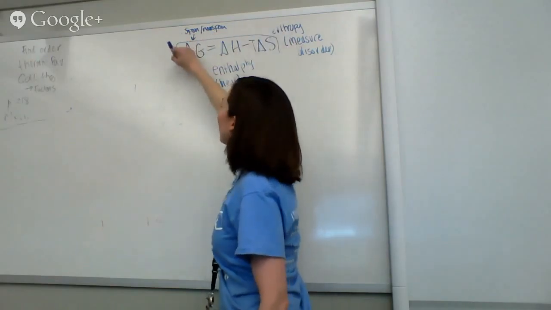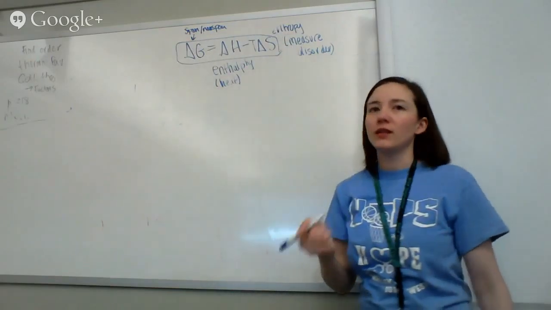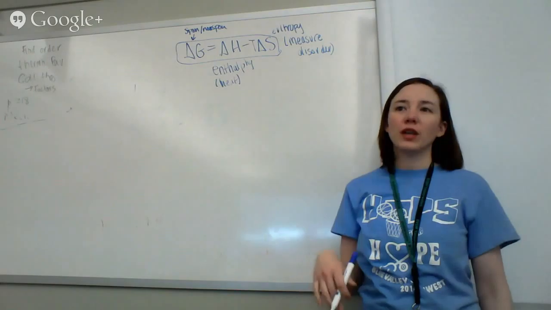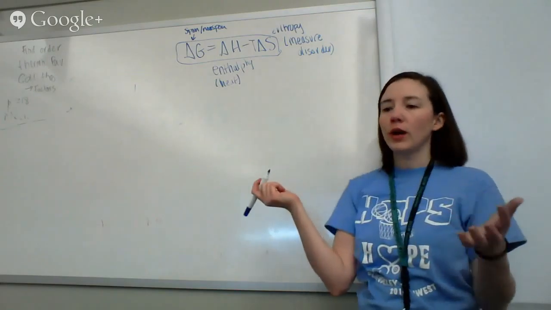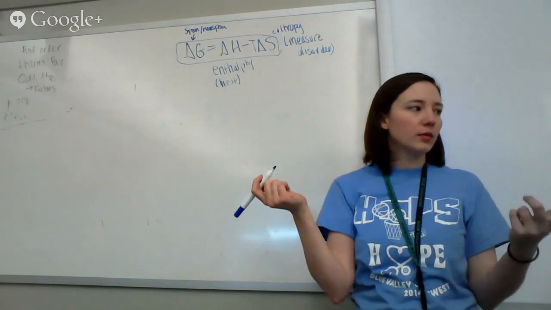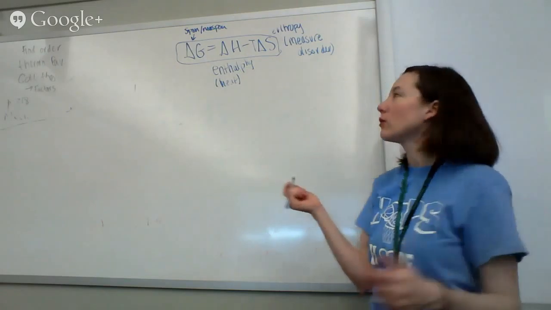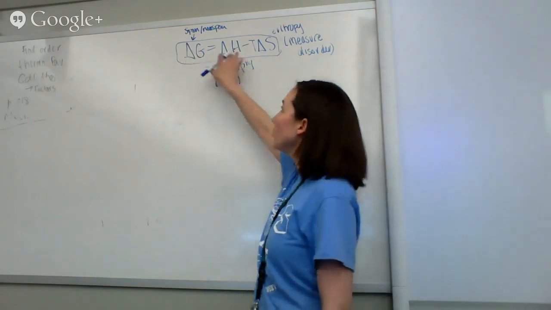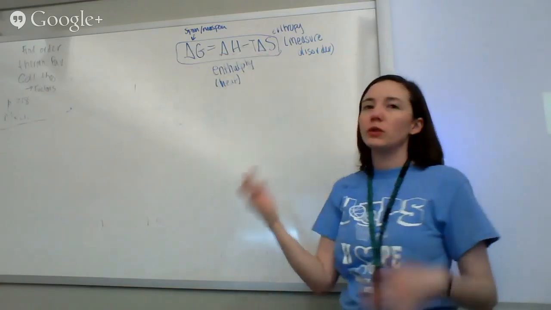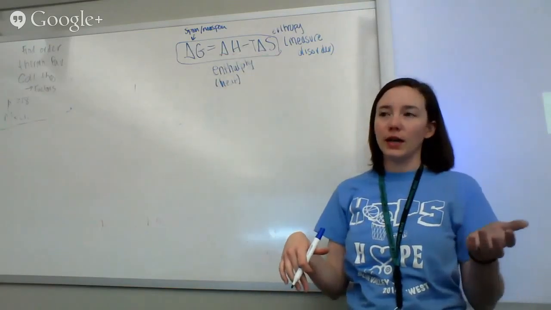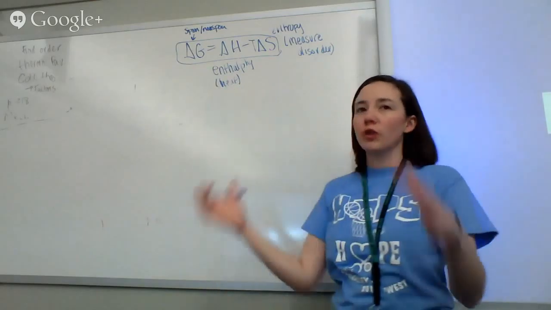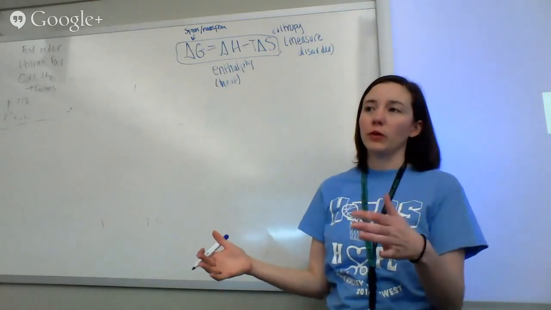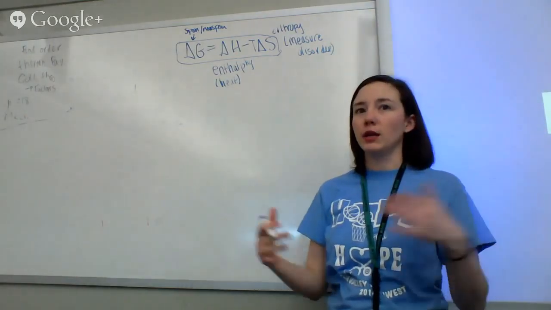Okay, so I put in this little equation, which is a handy thing to have. It is one you have access to on your test, I believe. Okay, just making sure. And so it shows your relationship between delta H and delta S. And so if you remember enthalpy, just in general, to be thermodynamically favorable, would we be gaining heat or losing heat?